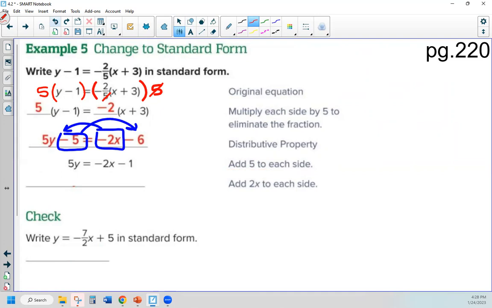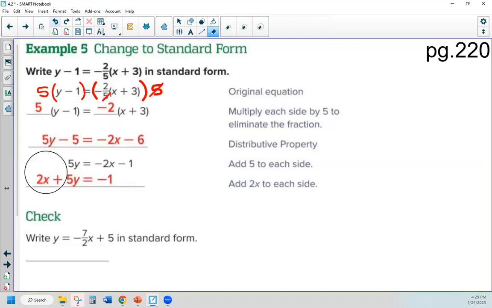And then finally, we want to take this 2x to the other side, which we already said before, by addition. So what do we get at the end? We get 2x plus 5y equals -1. Remember, this is the order that we want. We want the x term first, then the y term, and then the number without the variable, the constant, alone on the other side.